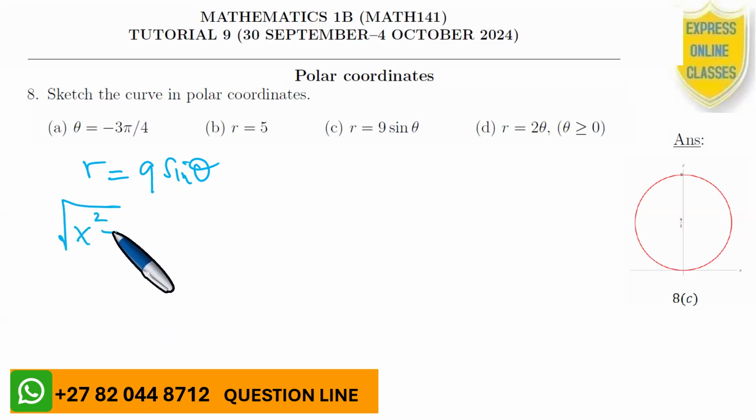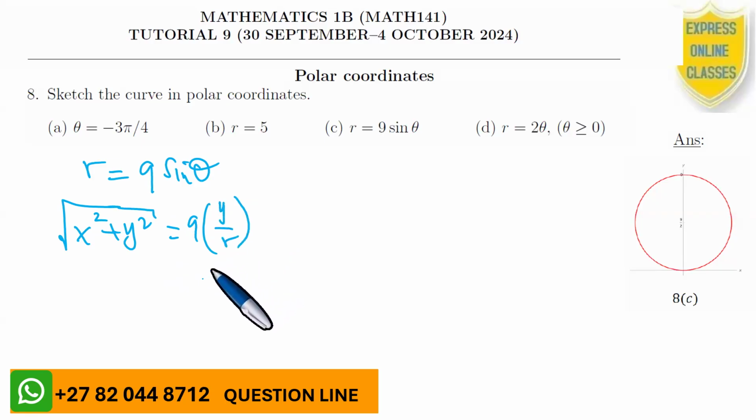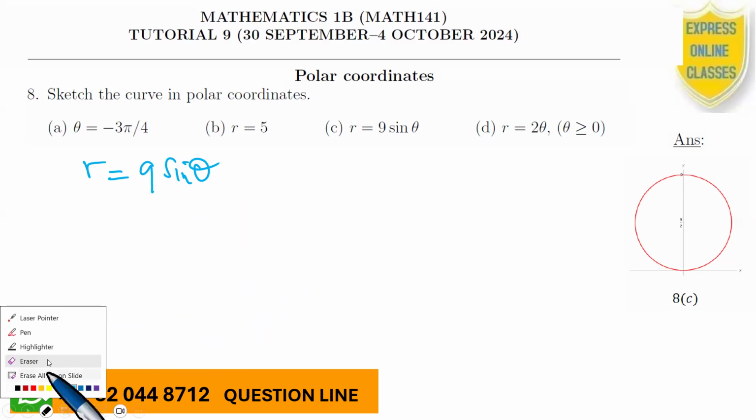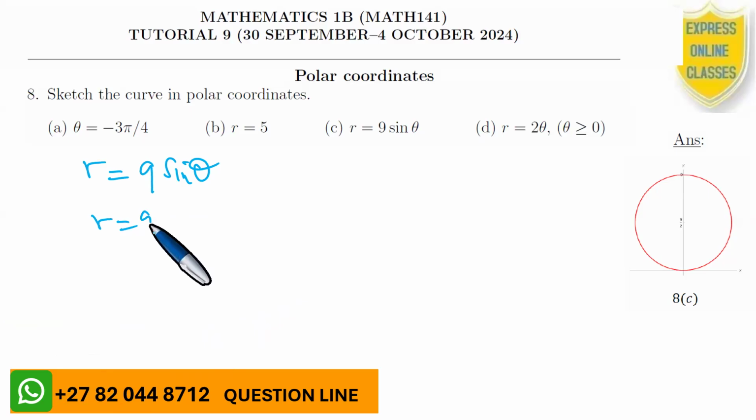Wherever we see r, it is the square root of x squared plus y squared. Sine is opposite over hypotenuse. We can also write as follows: r is 9 sin theta, and sine of theta is y over r, opposite over hypotenuse. We cross multiply, we get r squared is 9y.